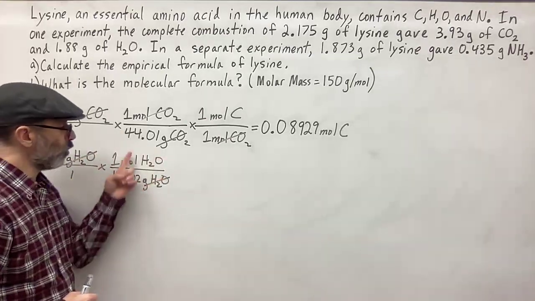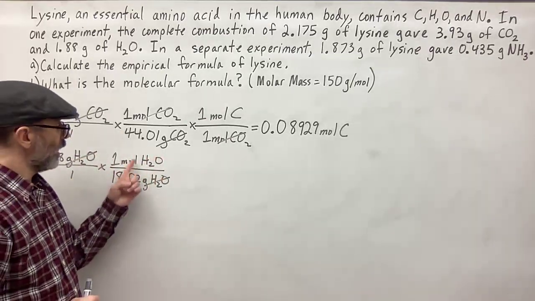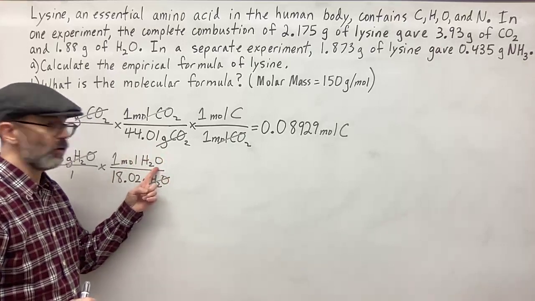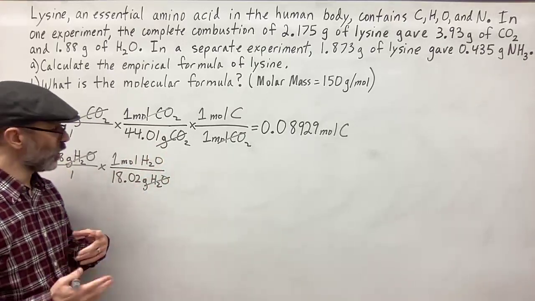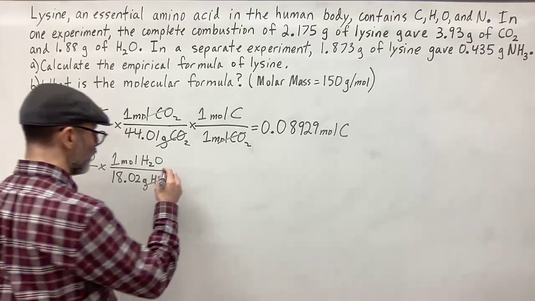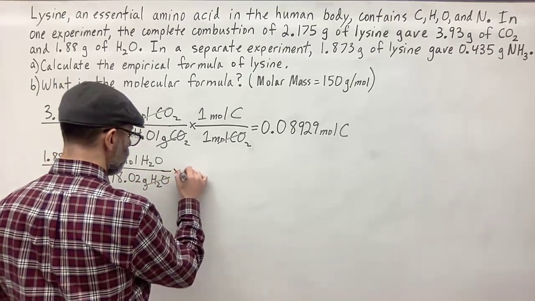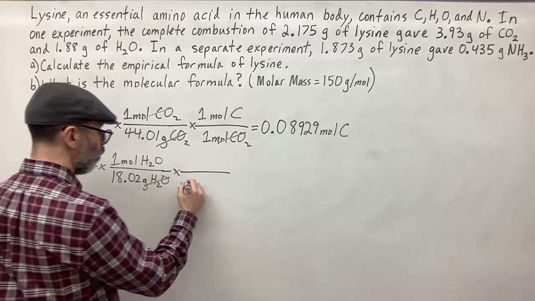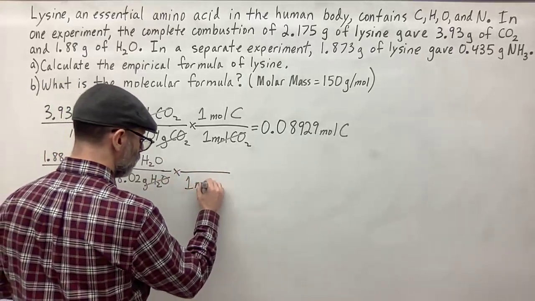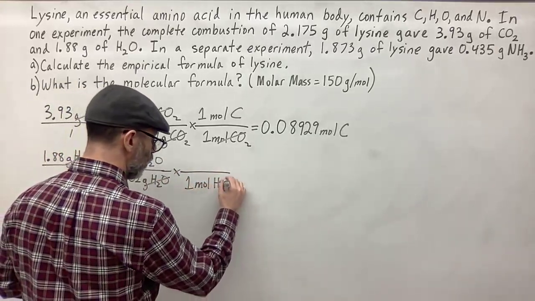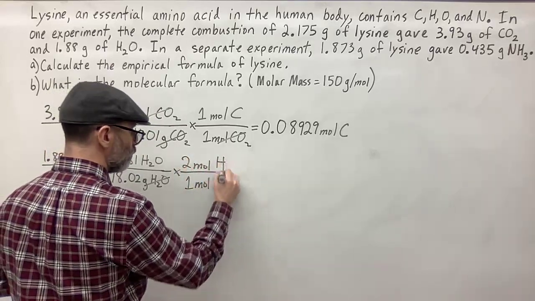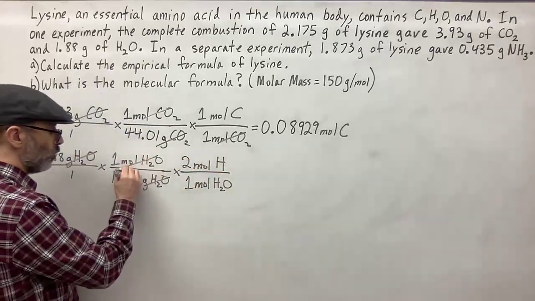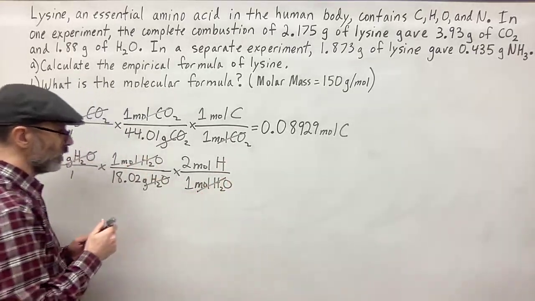I can use the formula to get my mole ratio. Every molecule of water gives me 2 atoms of hydrogen, so it's a 1-to-2 ratio, and it's the same with the mole ratio. For every 1 mole of water, I get 2 moles of hydrogen, so moles of water cancel out.